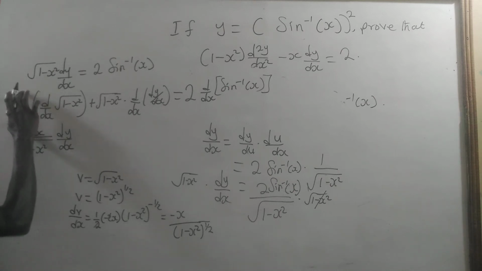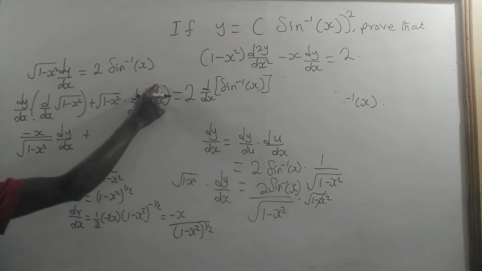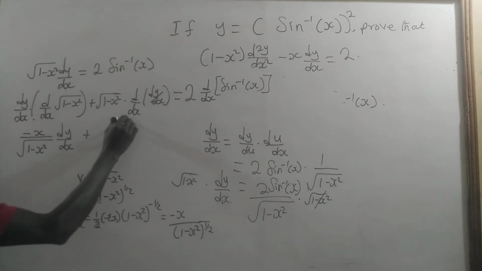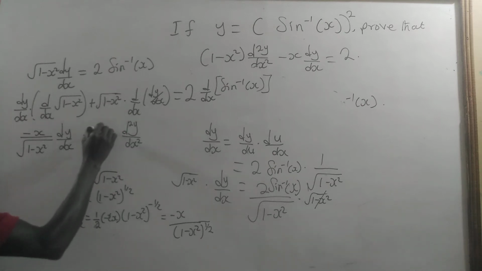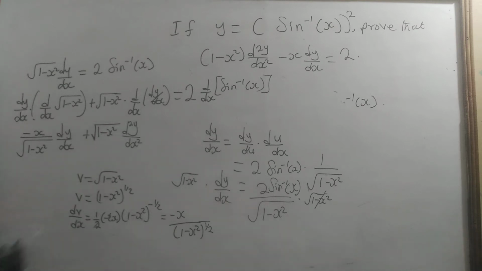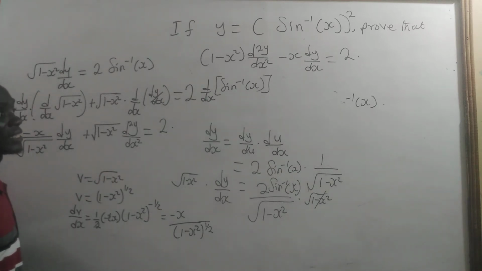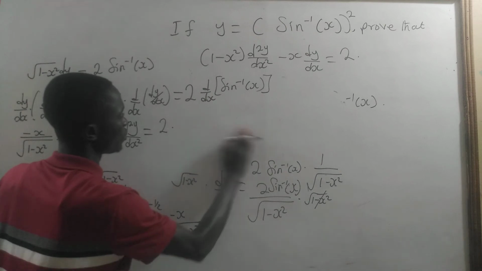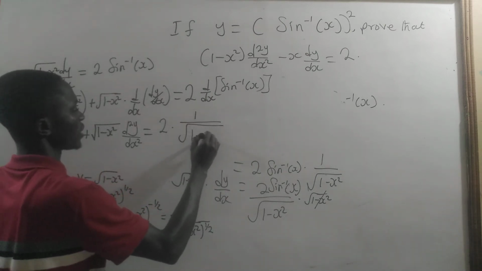We have dy/dx here, and we've differentiated this one. So plus the derivative of dy/dx with respect to x will give us d²y/dx² times square root of 1 minus x squared, equal to 2 times, if we differentiate the inverse sine of x, 1 divided by square root of 1 minus x squared.